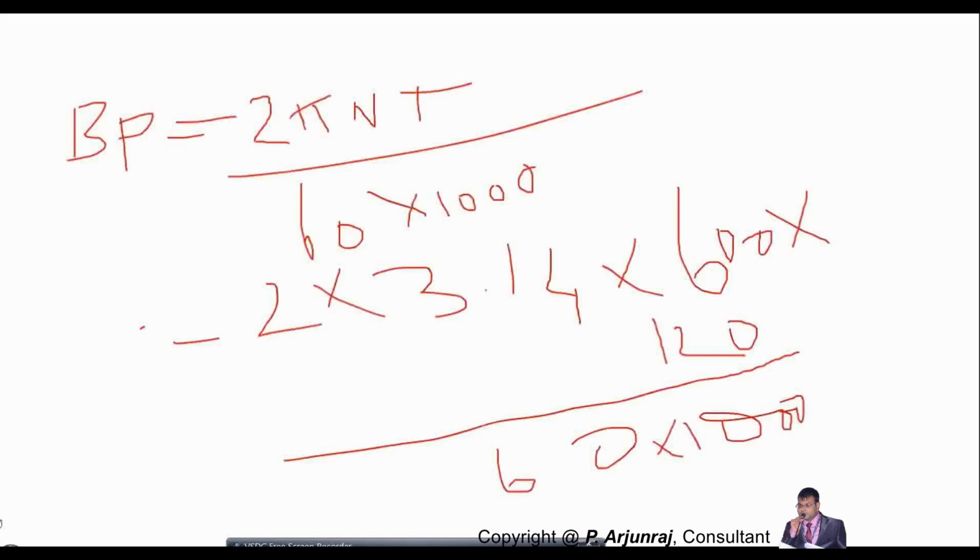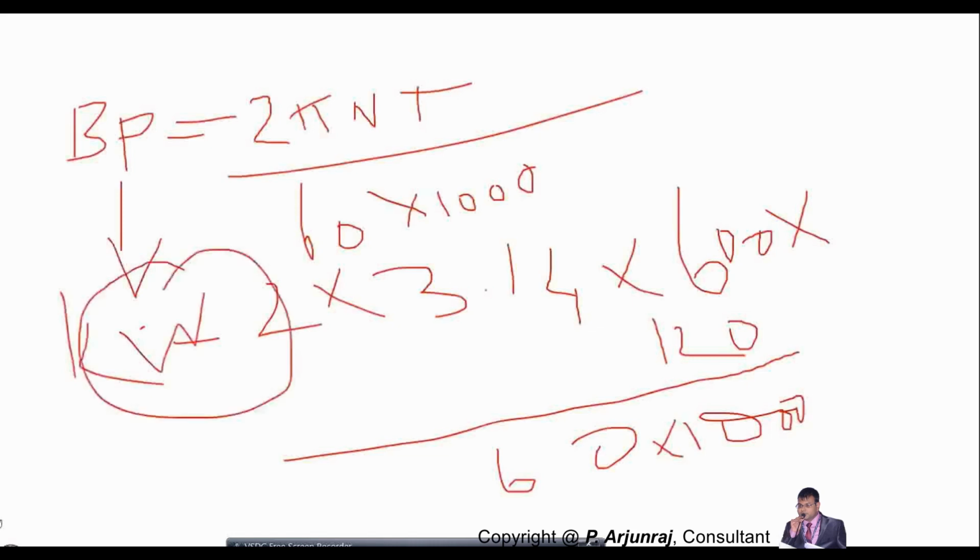So what is the unit of this brake power? The unit is very much important. Kilowatt. The power can be either in kilowatt or in horsepower, but better we put it in kilowatt.